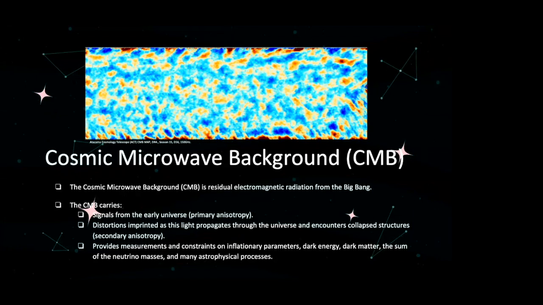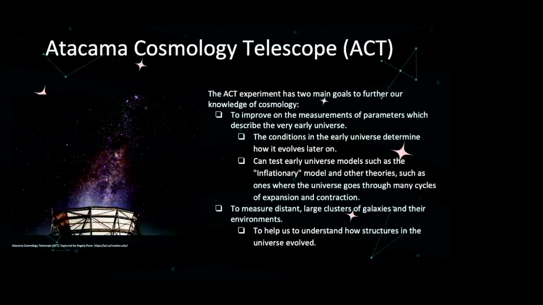And the map that I have here is an ACT CMB map. So without ACT, we would not have this data. The goal of the ACT telescope is to improve the measurement of these parameters of the early universe, which will lead to testing of models for inflationary periods, the Big Bang, etc. There's still debate on whether the Big Bang was a singular event or whether there are multiple contractions in the universe.